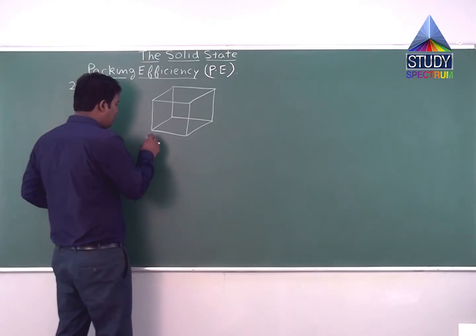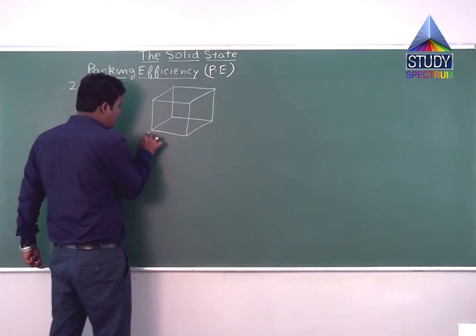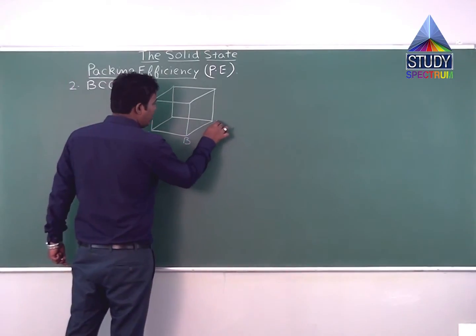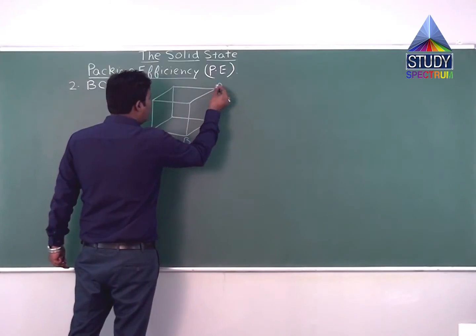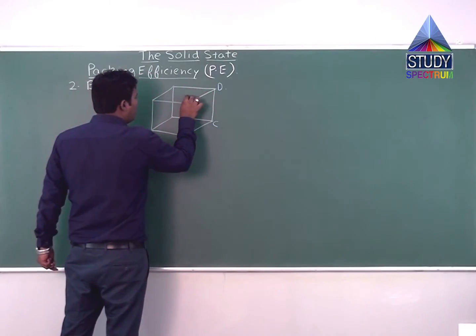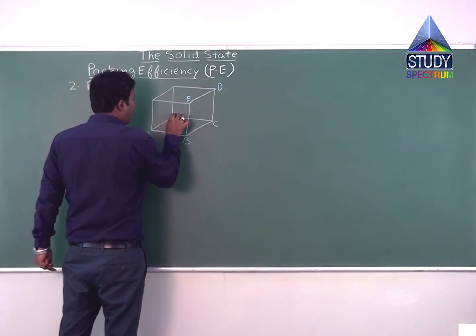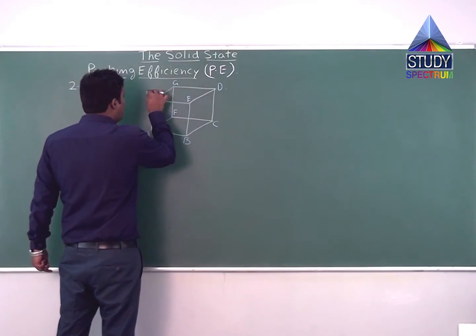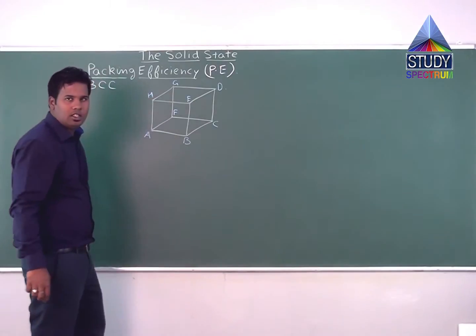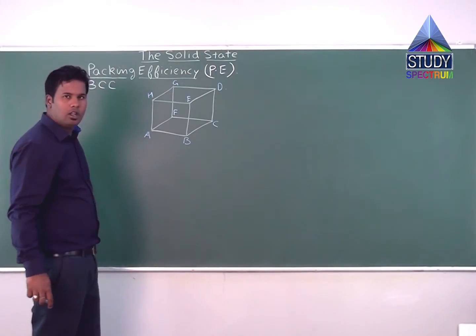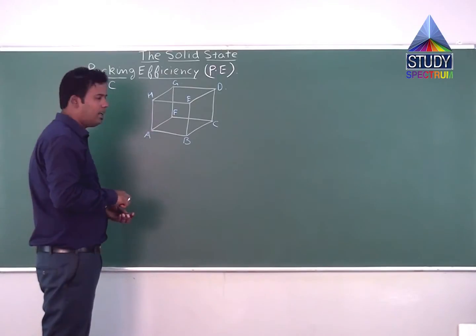Suppose I mark these corners as A, B, C, D, E, F, G and H. These are the names of the corners of this cubic unit cell. Correct?